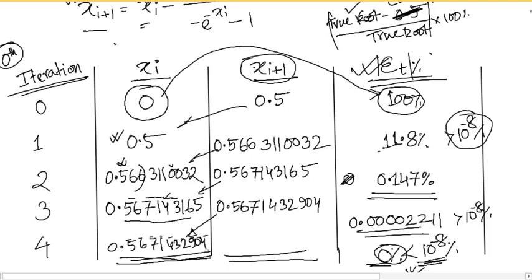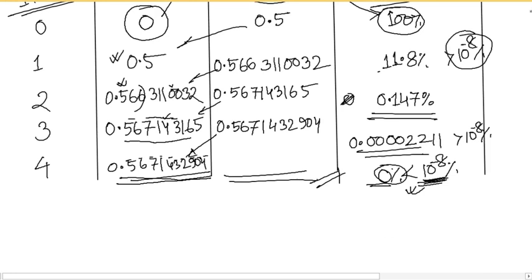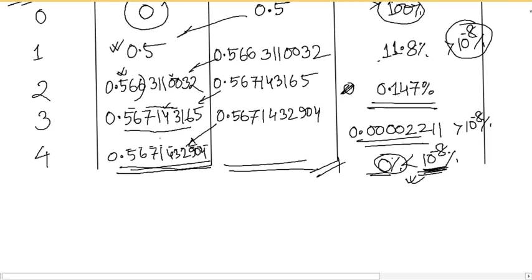Even in this case, we can say this will be less than 10 to the power minus 8%. This is the last step where this will be finalized, whatever it is. So that's how you have to approach. This is the answer. Our answer is also this one, what we have obtained for the true root using the calculator.